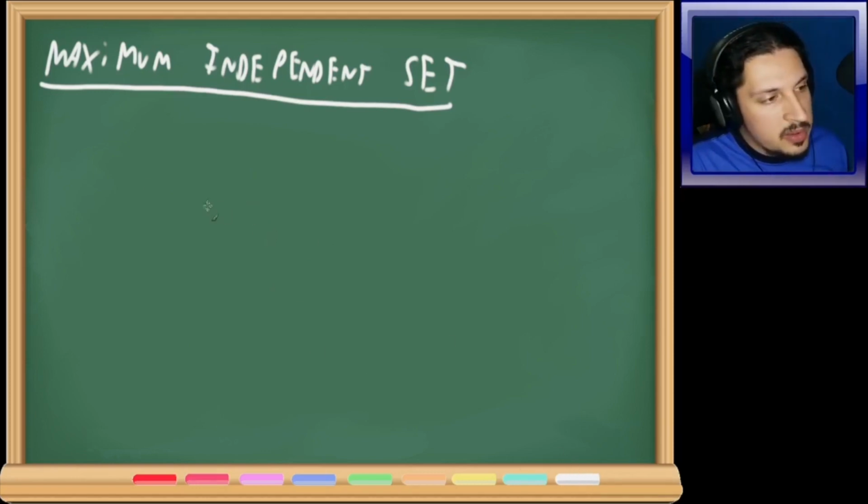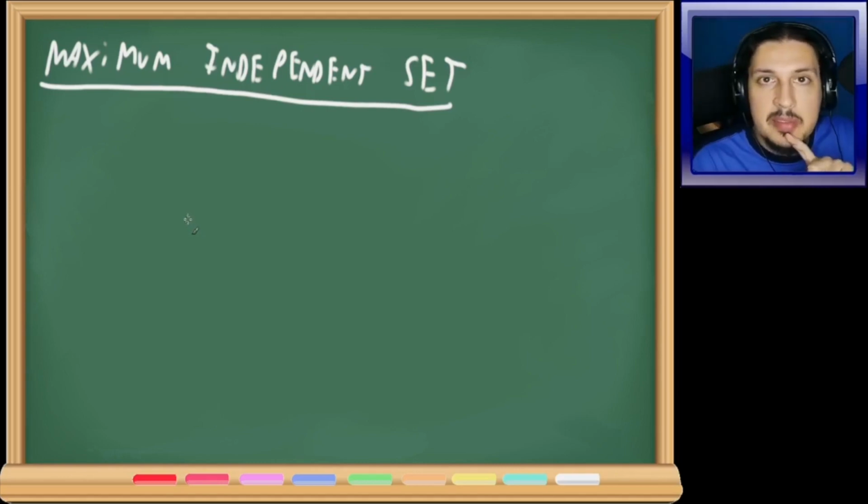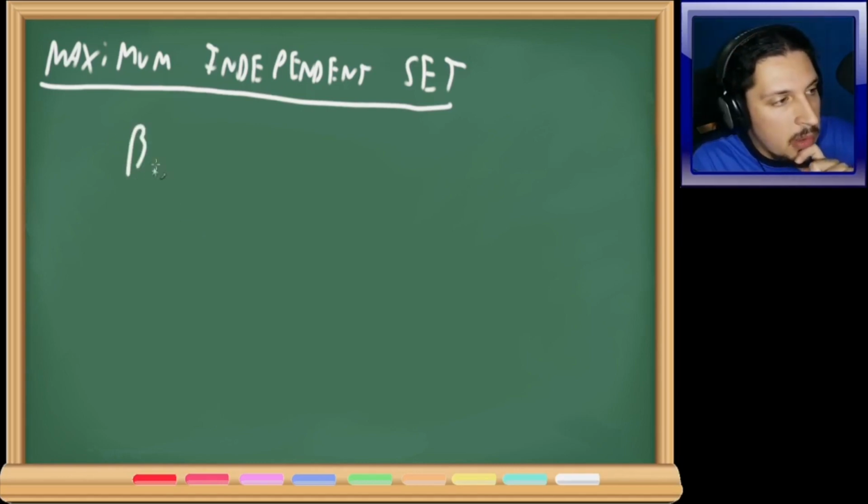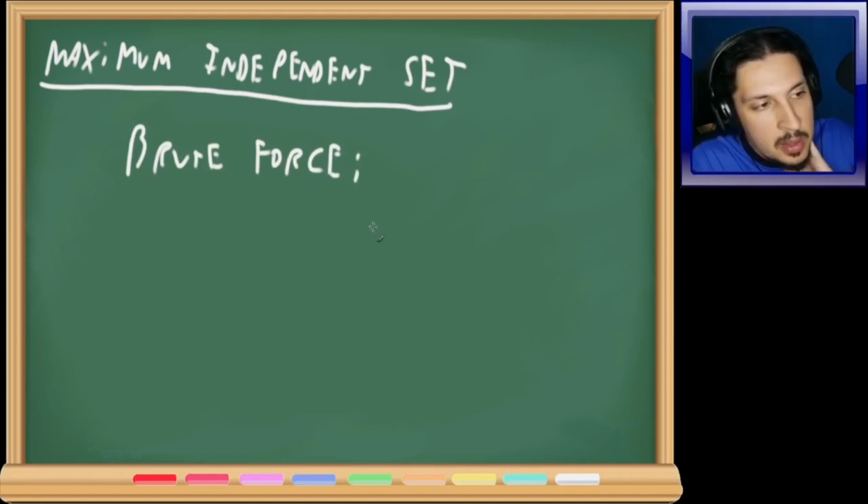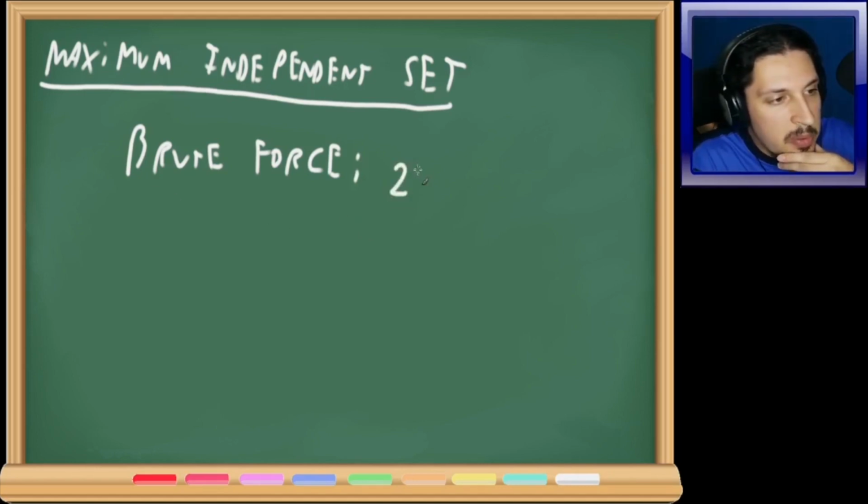First, just as a means of comparison, we could compute what would be the complexity of a brute force solution. What would be a brute force solution for this problem? Basically, we can use some bit masks to iterate over all possible sets. There are 2 to the power of n different sets with n vertices. And we could try them all.